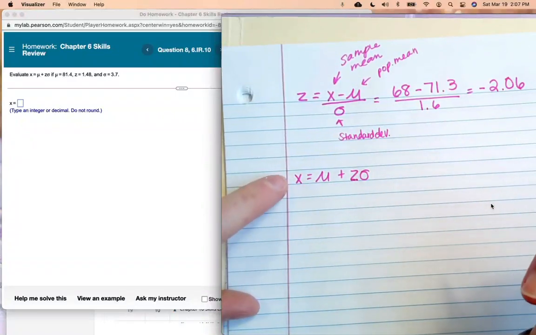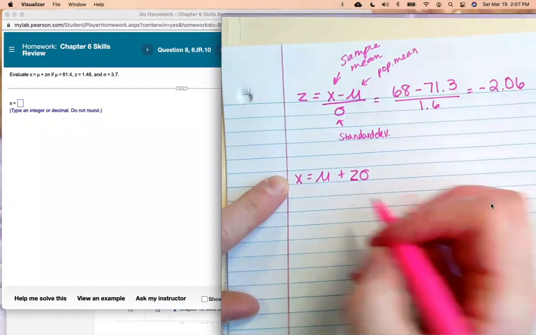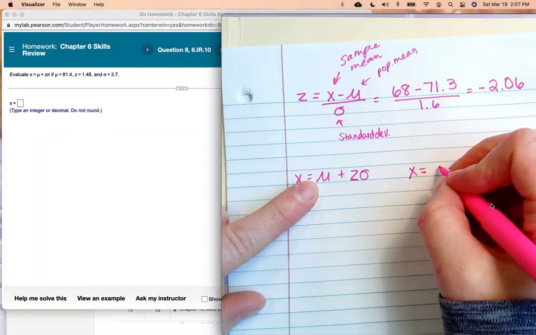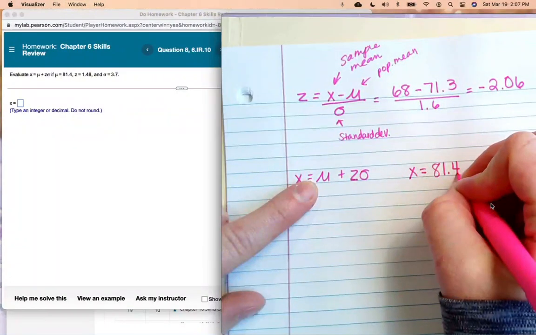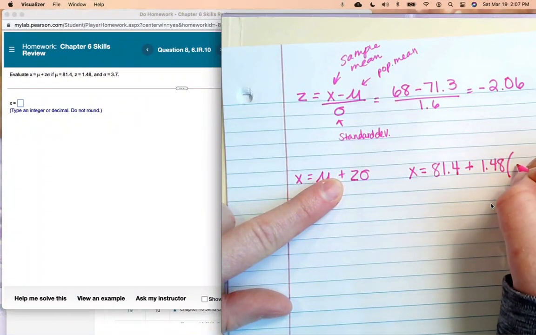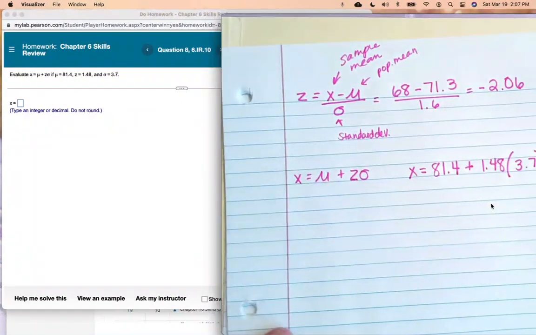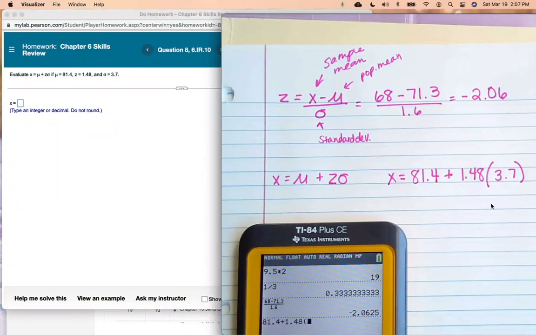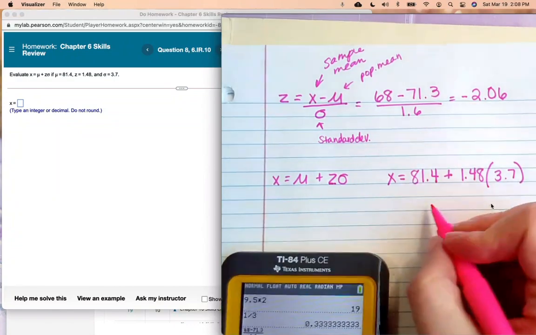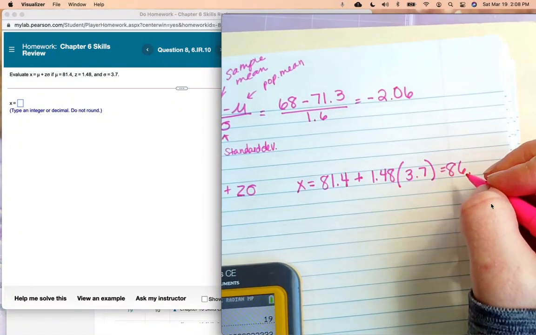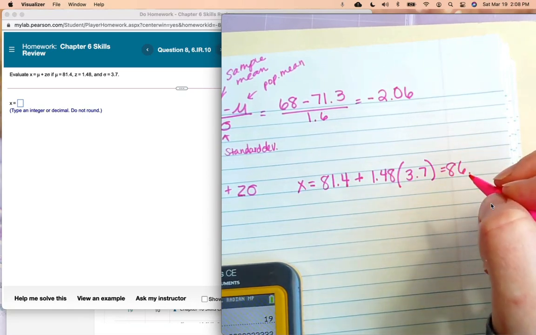So x equals this population mean, mu, which is 81.4, plus z, 1.48, times standard deviation, 3.7. So 81.4 plus 1.48 times 3.7. This equals 86 point, let's see, it says type an integer, do not round.